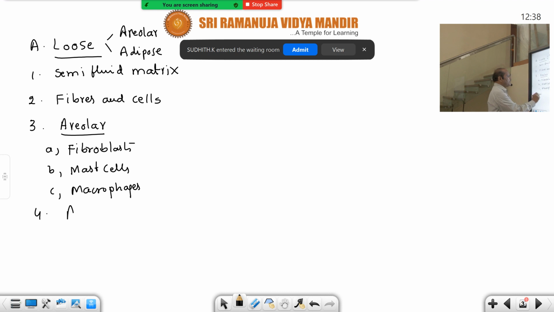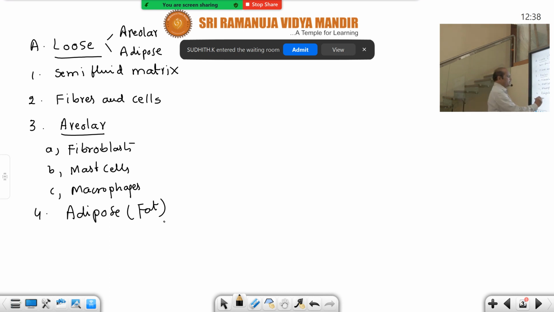And then adipose connective tissue, commonly known as fat tissue. This adipose tissue stores the excess nutrients by converting them into fat.